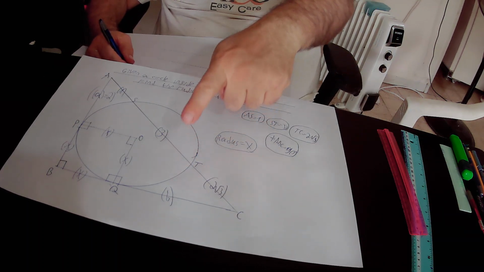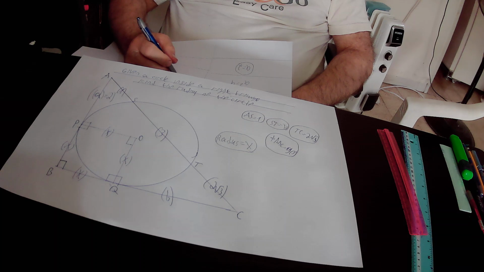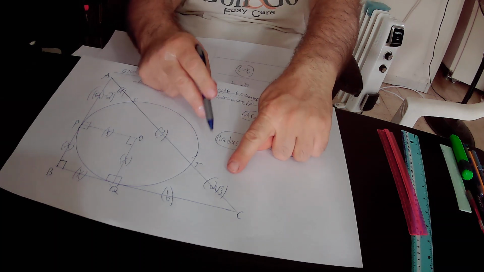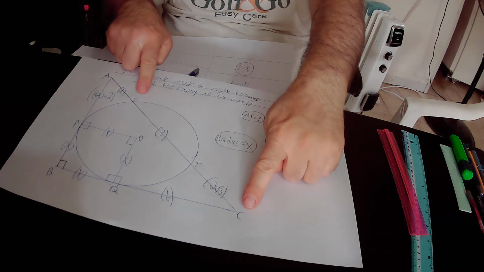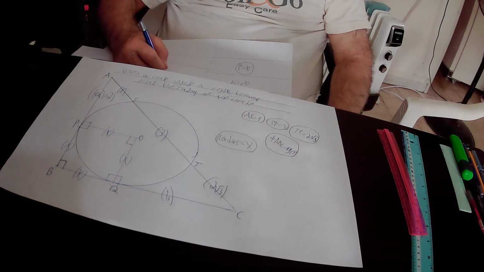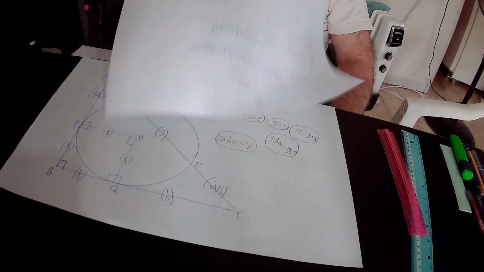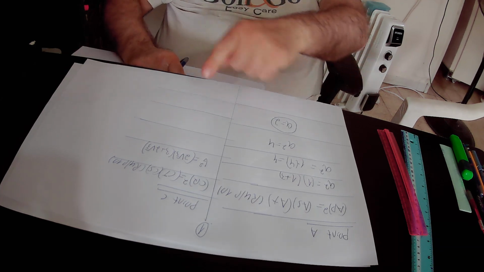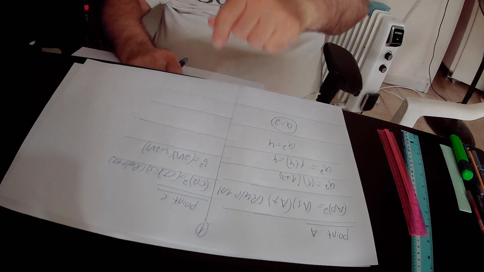CQ equals B according to our definition, therefore CQ squared equals B squared, and it equals CT, which is 2 times square root of 3, times CS. From the drawing it is very easy to see that SC in total equals 3 plus 2 times square root of 3. So in conclusion, B squared equals 2 times square root of 3 times (3 plus 2 times square root of 3).